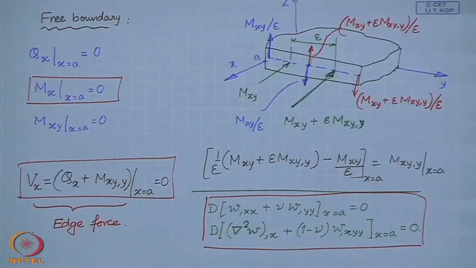So, let us summarize. We have looked at the equation of motion of small amplitude, small slope vibrations of flat plates. Plates are two dimensional elastic continua which can transmit or resist bending moment.